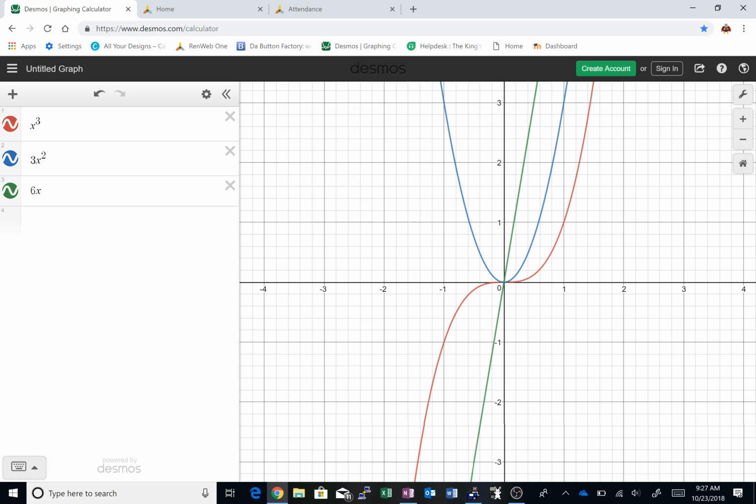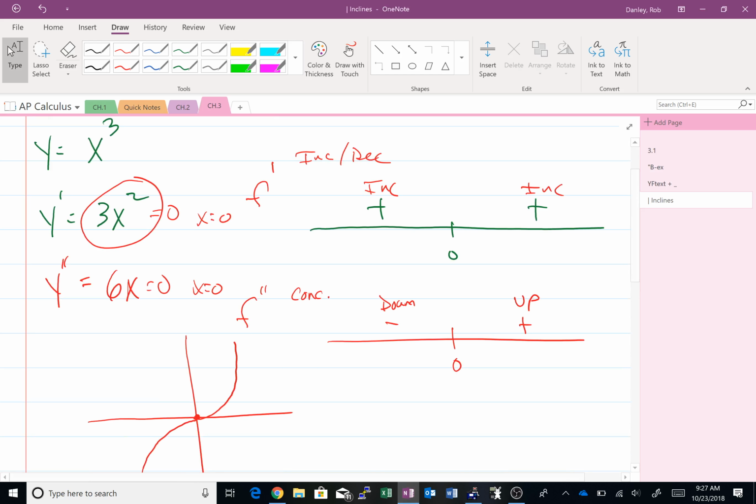So think about it. Think of the second derivative, really the first derivative of the first derivative. The second derivative is the first derivative of the first derivative. Okay, so if this is the first derivative, if I differentiate that, that's here. So that's just one derivative away from this.